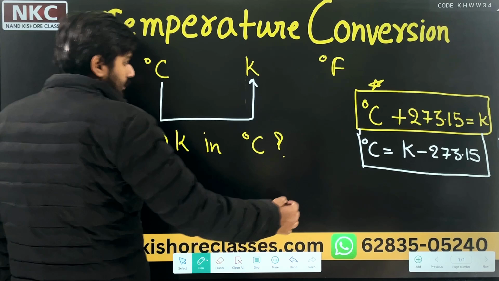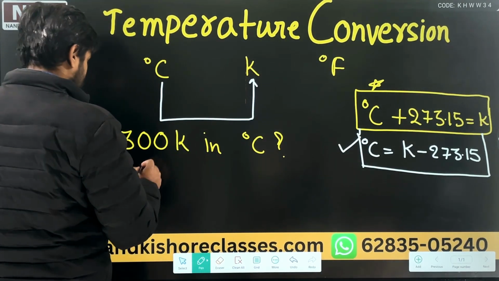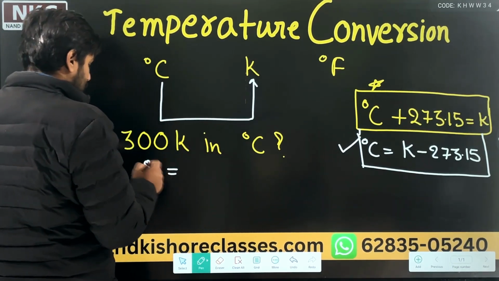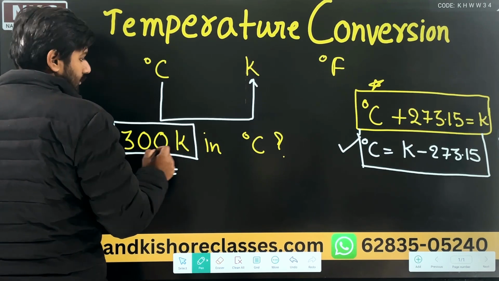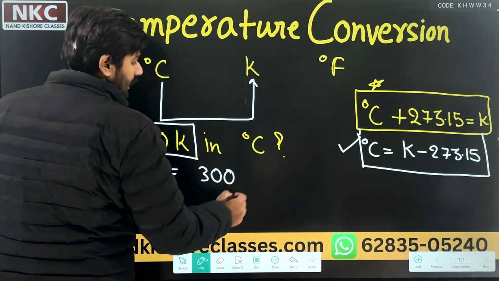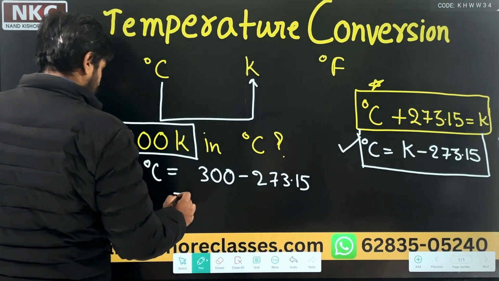So what formula will be used? This formula: degree Celsius equals K minus 273.15, where K is the value of Kelvin. So K will be 300 minus 273.15. What are you going to get?